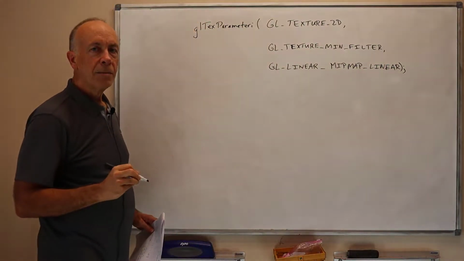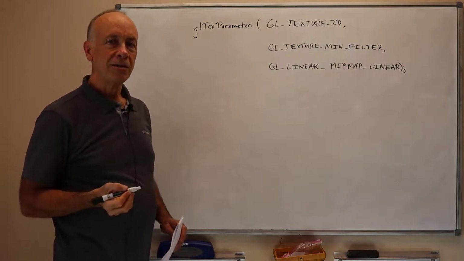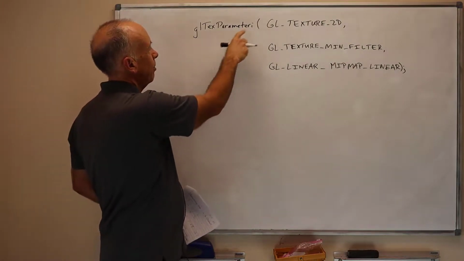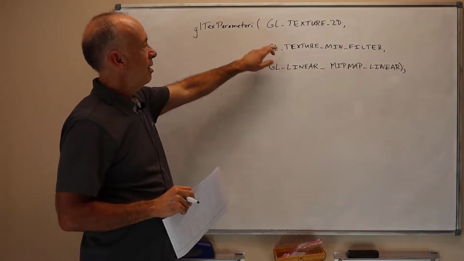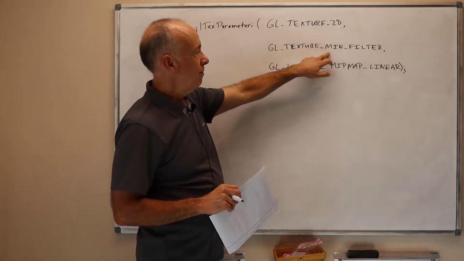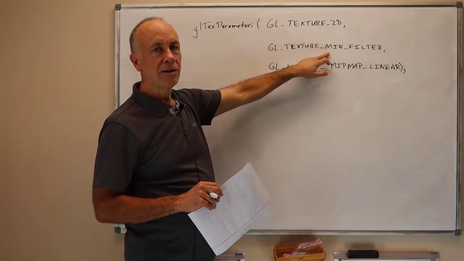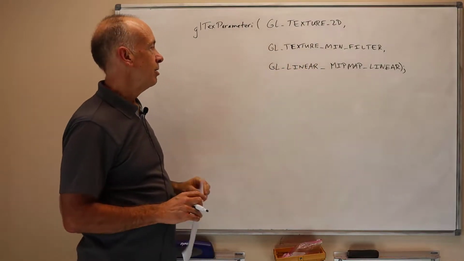So here's the version of the command that sets the parameters to use the most amount of interpolation and mipmapping and so on. So it's the glTexParameteri command where it's applying to 2-dimensional textures. The GL_TEXTURE_MIN_FILTER, before we had mag filter, min filter means that it applies in a situation where the texture map has higher resolution than that of the screen image.